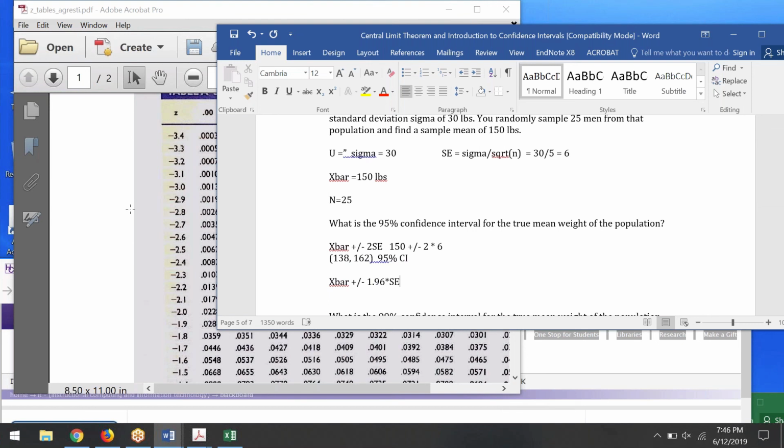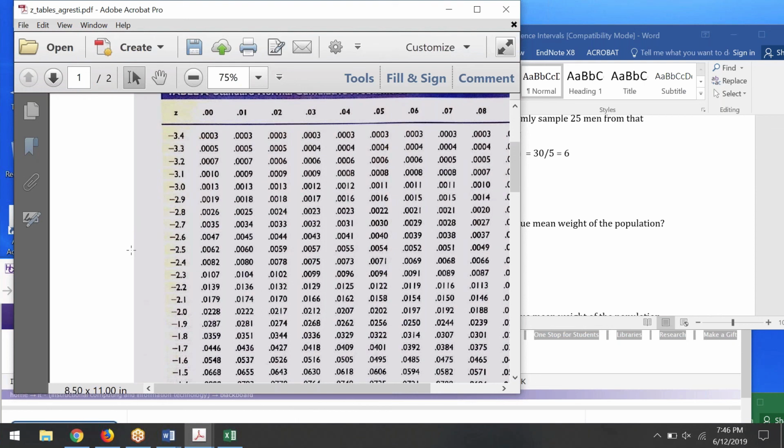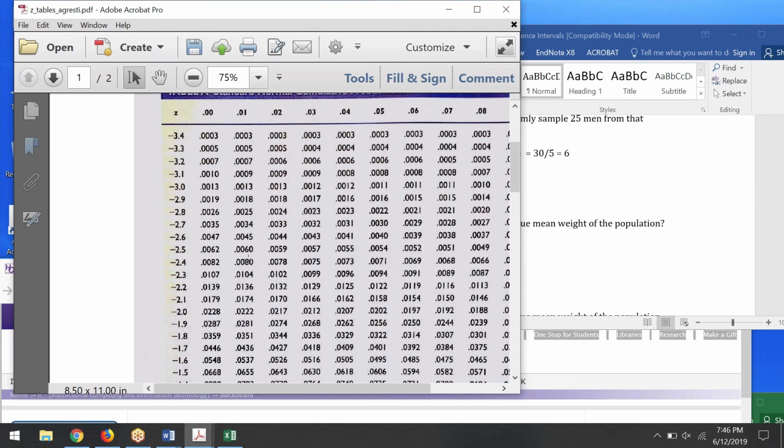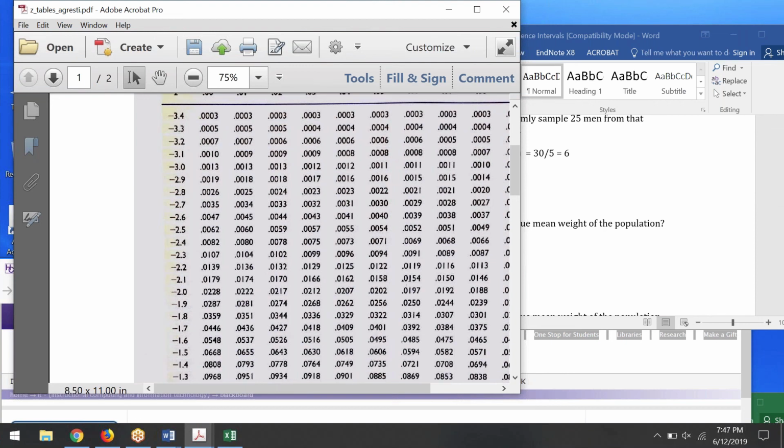Well, what about if I only wanted to be 90% certain? If I only want to be 90% certain, then I would be looking for the number that would represent an area where you've got 5% outside, below, and 5% above.